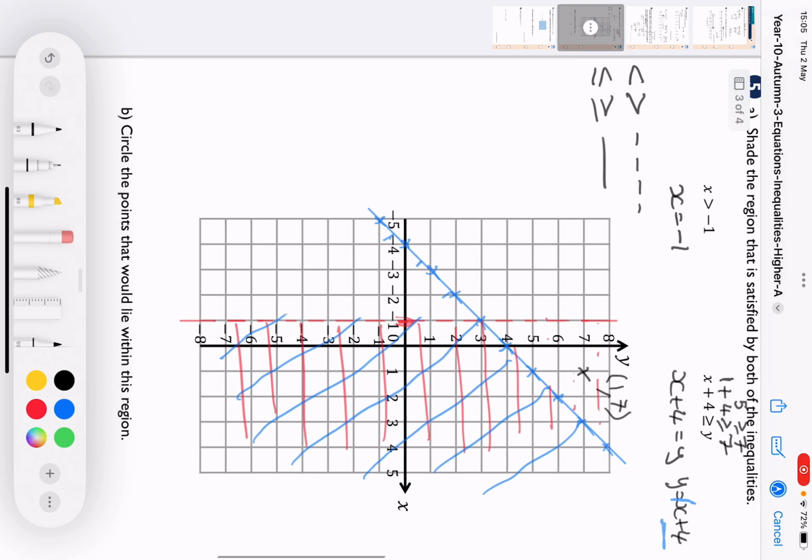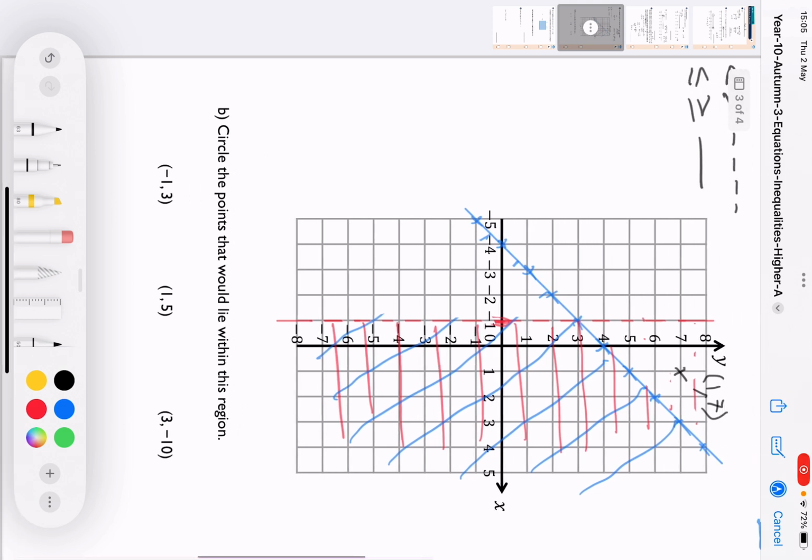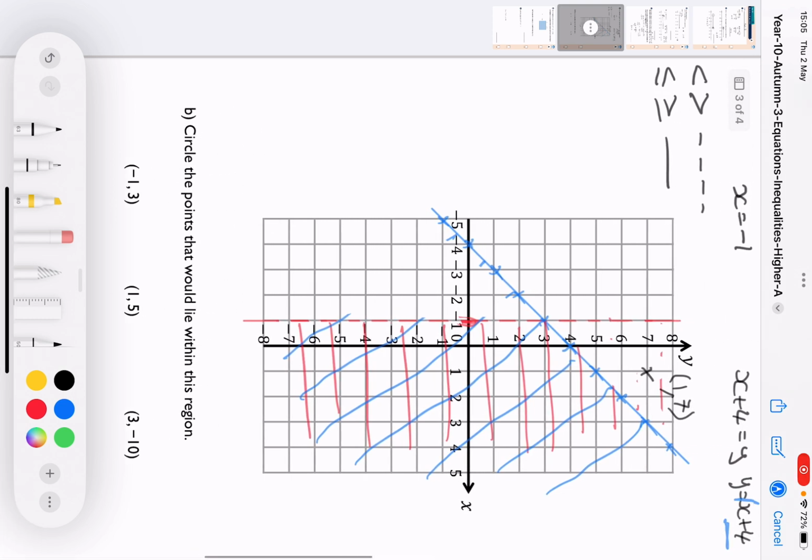Then what we've got is a question, circle the points that would lie within this region, so this confirms it. So if we just look, -1, 3 is here. And the reason why it doesn't lie in the region is because of the dotted line.